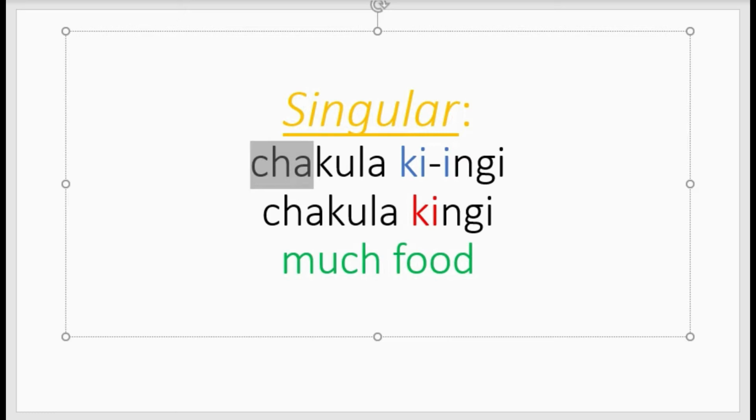The rule of taking the first cha does not really apply here. But since this chakula, this noun, is in the ki noun class, when combined with the e of an adjective here, we get kingi. So chakula kingi means much food.